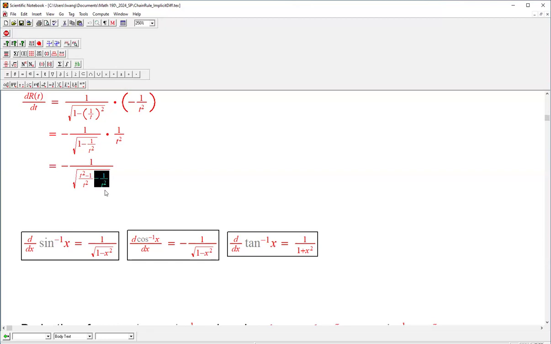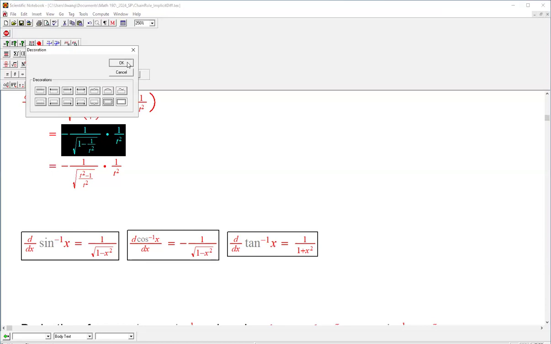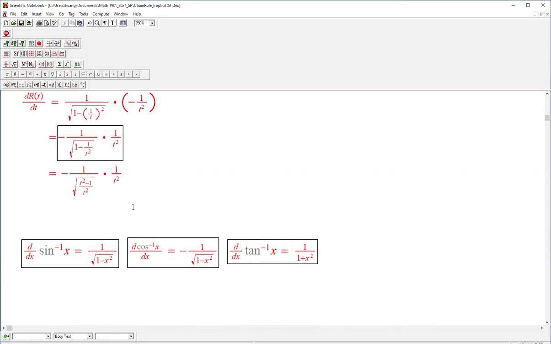And then we multiply by 1 over t squared. You could stop here, so I'm putting a box there, but here we just want to continue to enhance our algebraic skill.